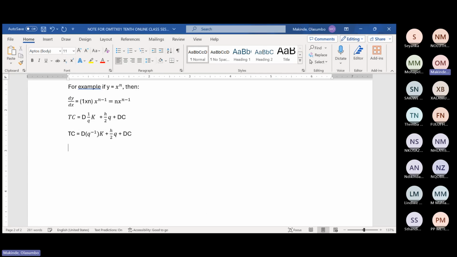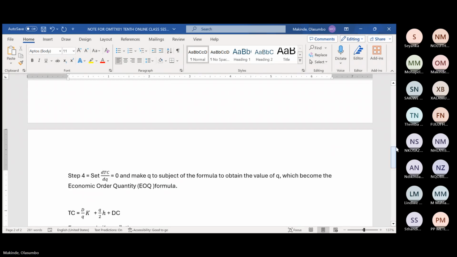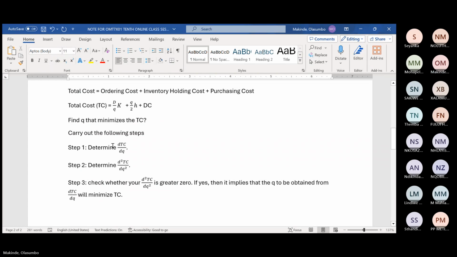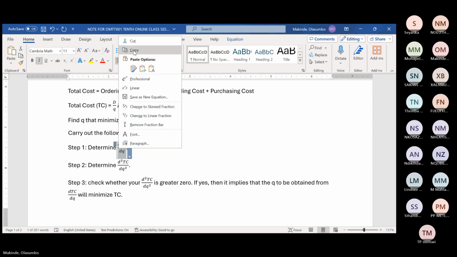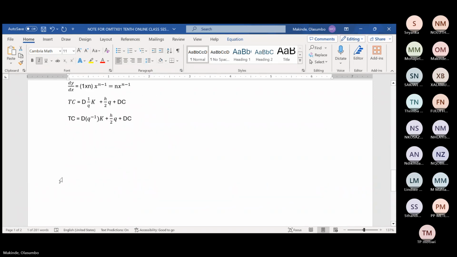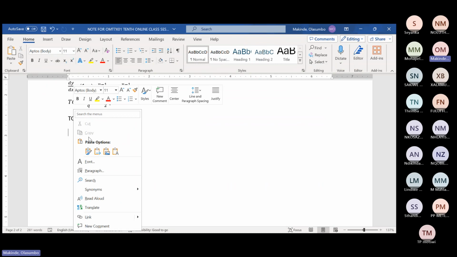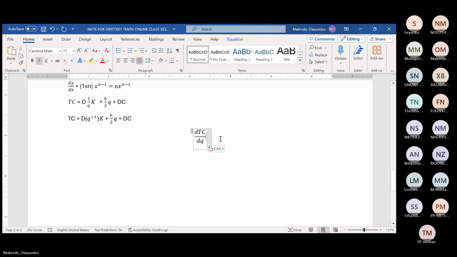So based on this, now I can differentiate and find dTC/dQ.